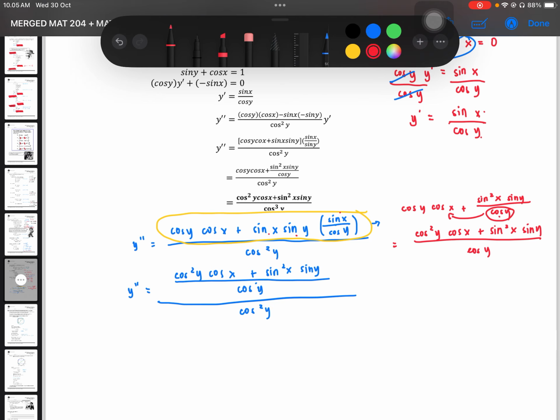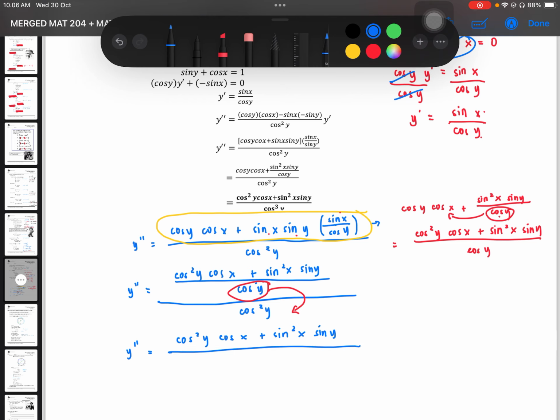So, you have denominator sa numerator. So, this denominator, ililipat lang natin siya sa ilalim.